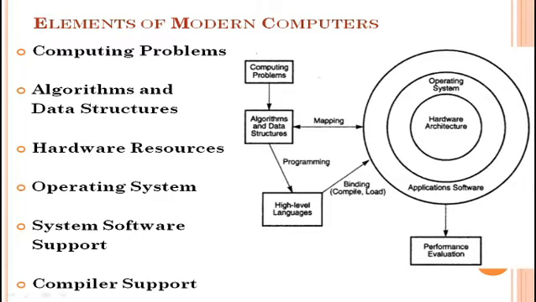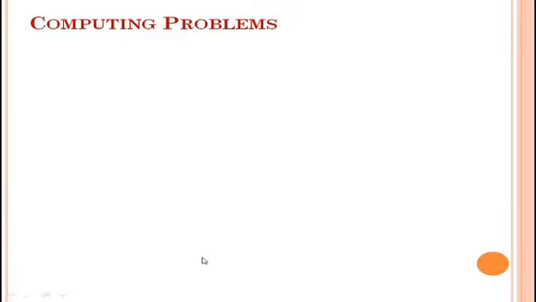Now, coming to the first element of the modern computer, that is computing problems. A modern computer is an integrated system consisting of machine hardware, an instruction set, the system software, application programs, and user interfaces. So these system elements are shown in the figure.